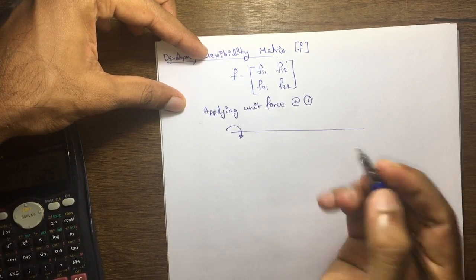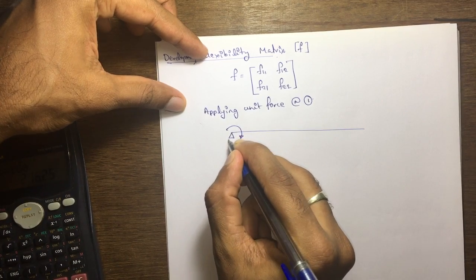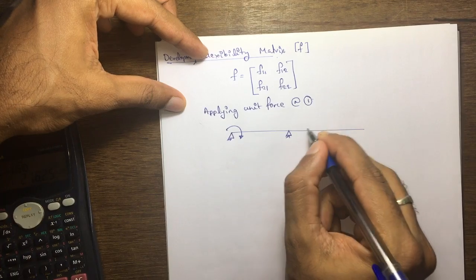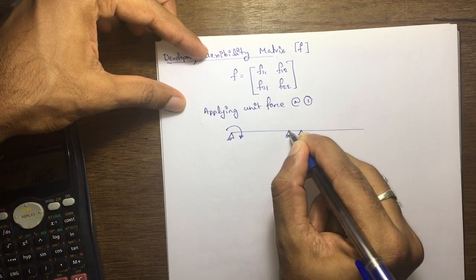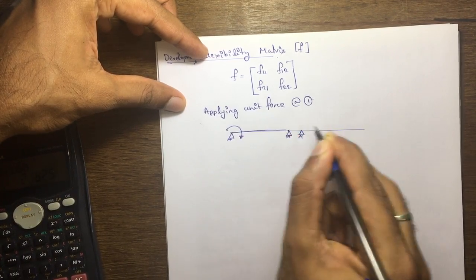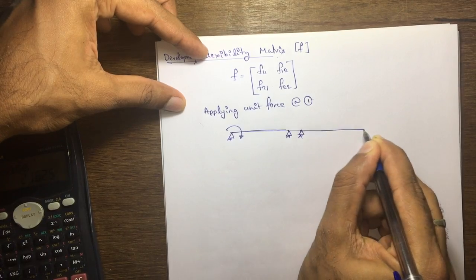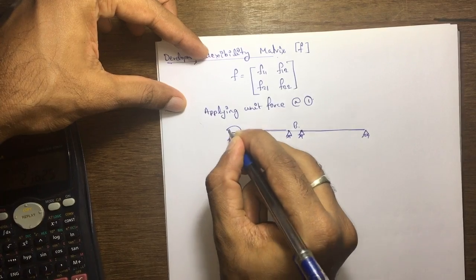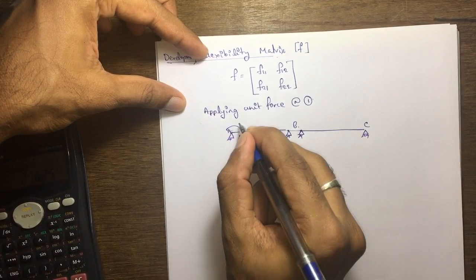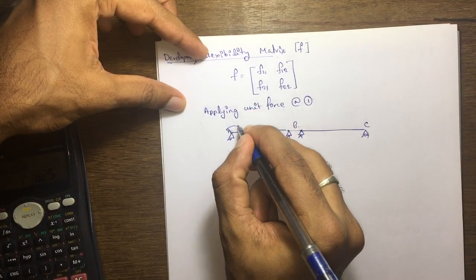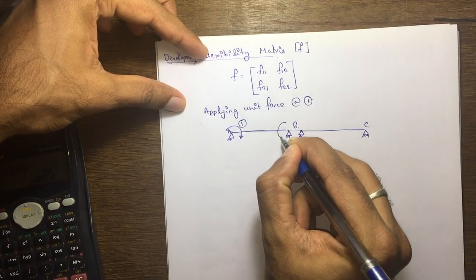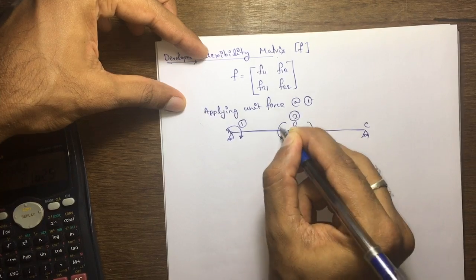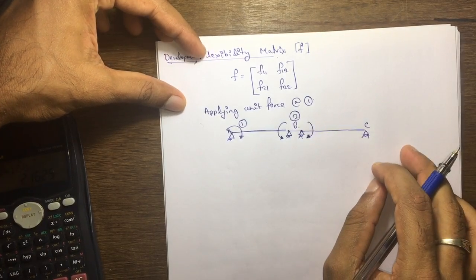This will be the first coordinate, then the first beam and second beam. This is point B, A and C. At B, this is our first coordinate. Our second coordinate has two components, one on this beam, one on the other beam.